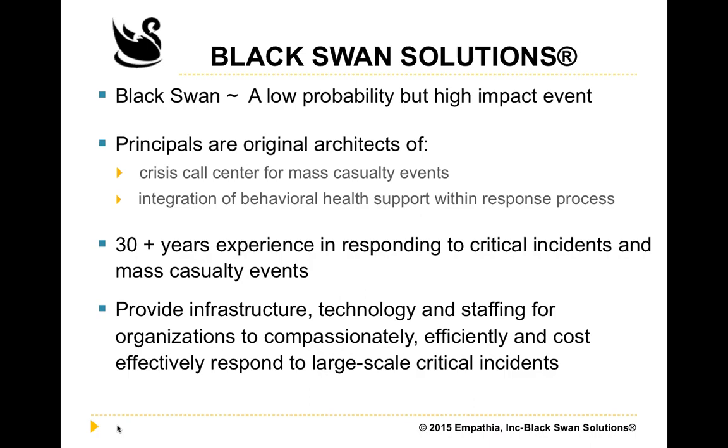We refer to that as Black Swan, and Black Swan Solutions as a business unit within Empathia. A Black Swan in business continuity terminology is a low probability but high impact event, and we think that well describes the kind of work we do.